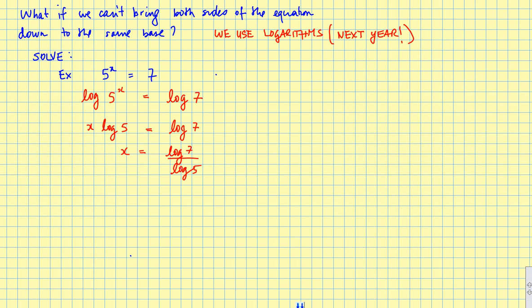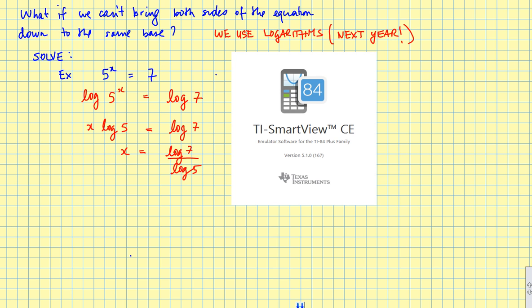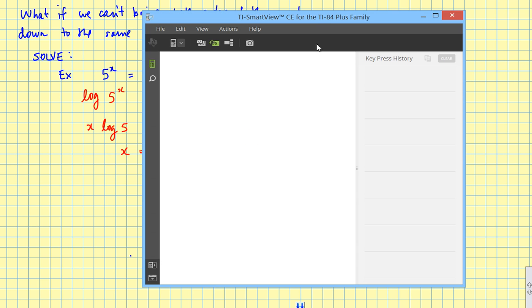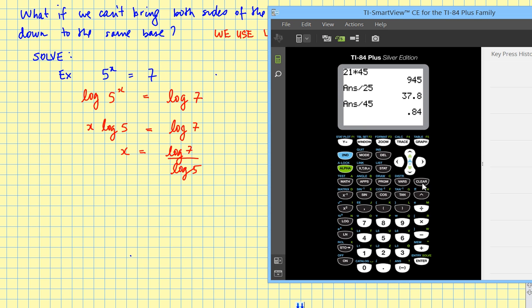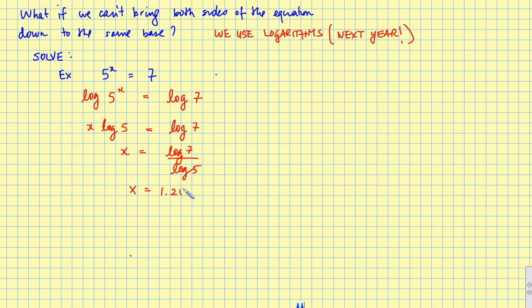Now, if I were to open up my calculator and actually perform this, which I'm going to do right now, I would go to the log of 7, and then divide that by the log of 5. Enter. And that tells me my answer is 1.209, etc. So x is equal to 1.209, and whatever the rest of it is.